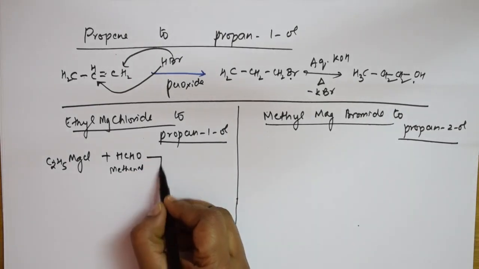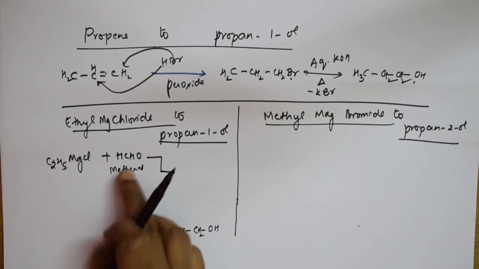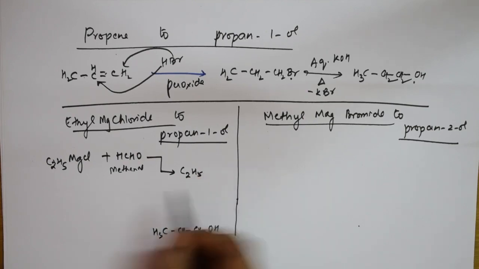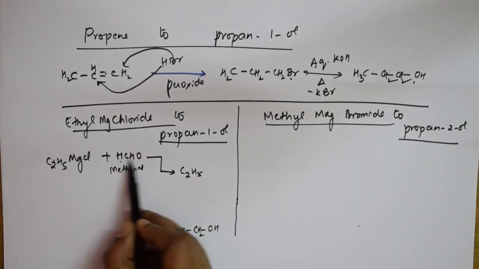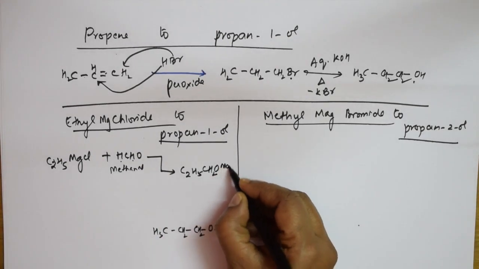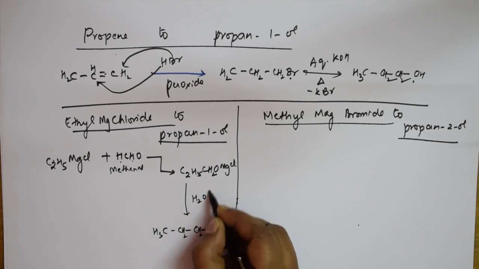Now what will happen when you add it to Grignard's reagent? As soon as you see Grignard's, try to count the number of carbons here and add the number of carbons to this. What do you get? You get C2H5CH2OMgCl. Whole thing will add. Now to this, I'm going to do hydrolysis, H2O and H+.